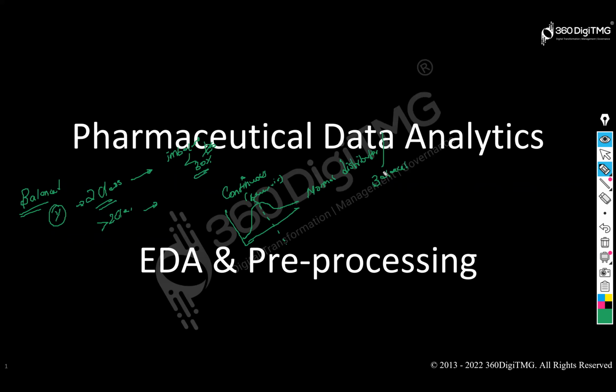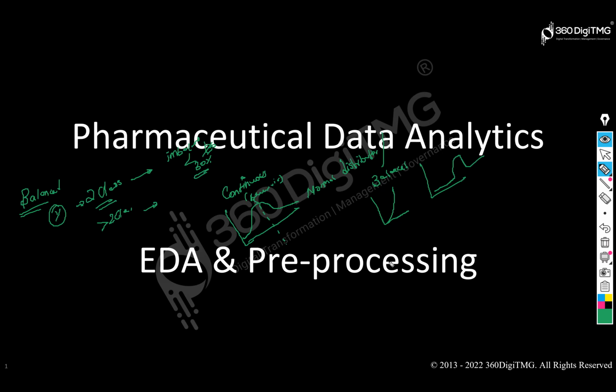So by seeing the probability distribution, I can say. If data is normally distributed, then it is fine. If it is not normal, it should be imbalanced data, right? Exponential can be not normal, or left skewed, or right skewed can be not normal.